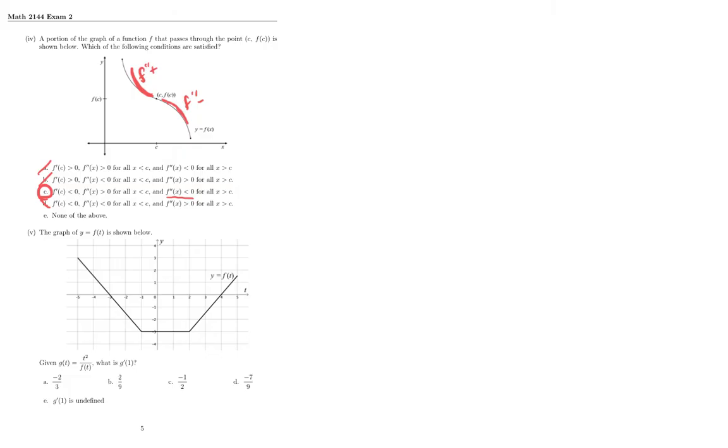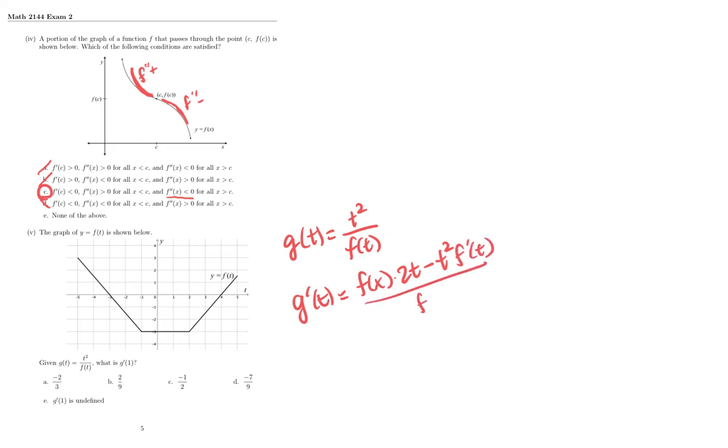For the next one, I'm given a graph of f of t, and the question is that g of t is t squared over f of t. The question is, what is g prime of 1? So I'm going to say if g of t is t squared over f of t, I can take the derivative of that using the quotient rule: low d high minus high d low over low squared.